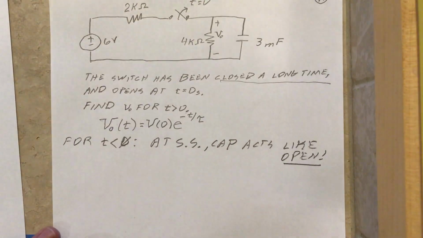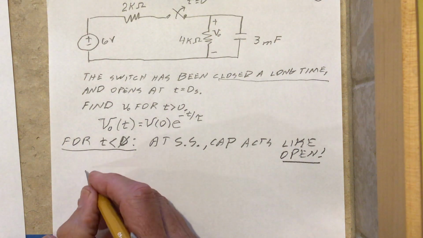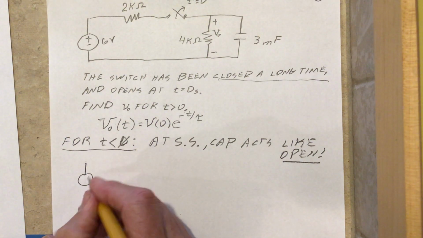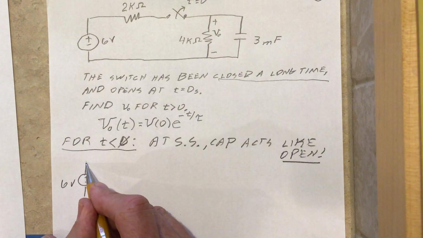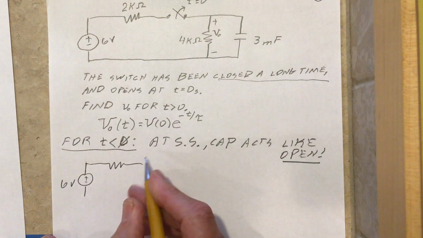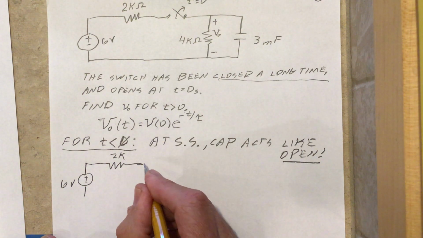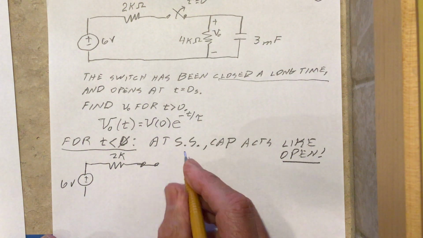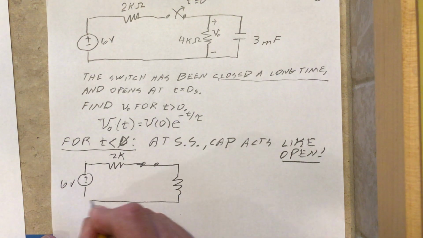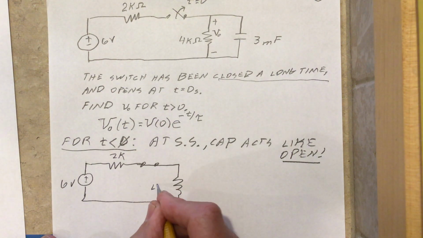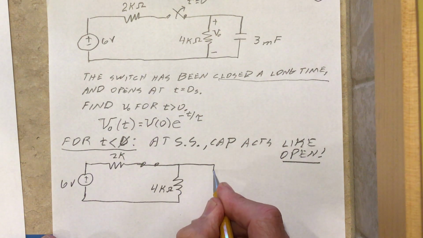So, what does our circuit look like for this situation? Before the switch opens, we have a circuit that looks like this. We have the 2K ohm. There's our switch that's closed before time of 0. There's my 4K ohm resistor.